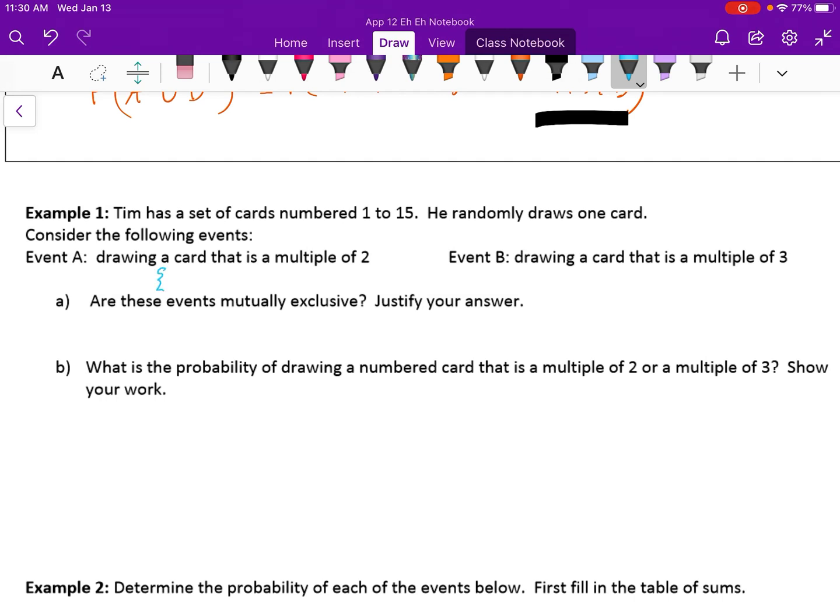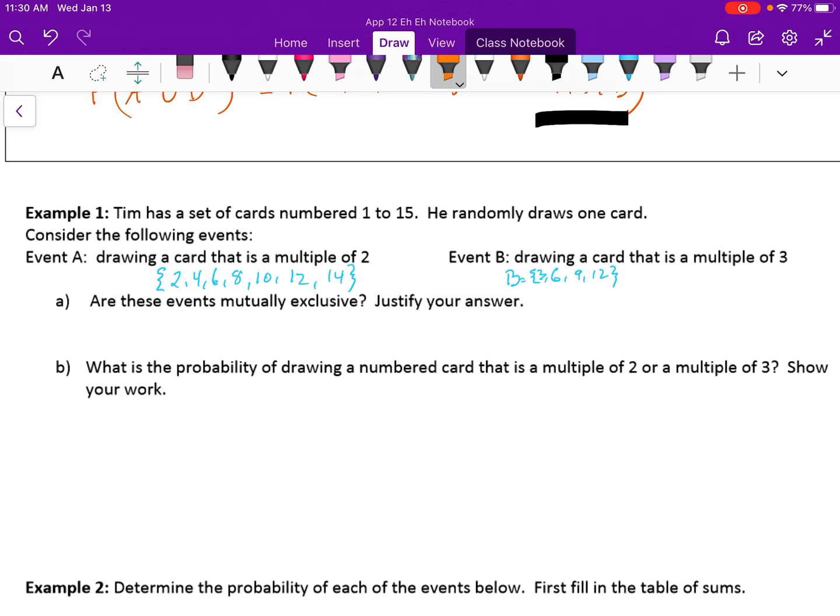A is a multiple of 2, and all the cards are numbered 1 through 15, so 2, 4, 6, 8, 10, 12, 14. Those are all the cards that are in event A. And event B is all the cards that are multiples of 3, so 3, 6, 9, 12.